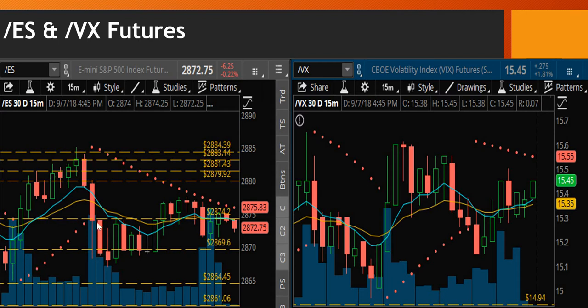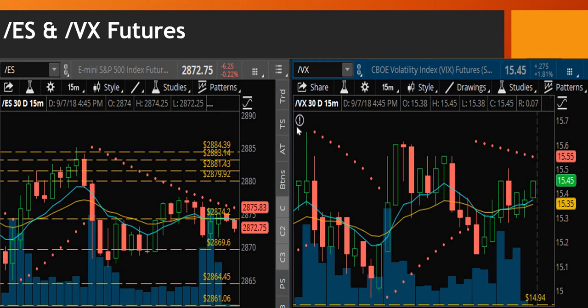Your job is to quickly identify where the market is probably going to head in the next 5 minutes, 4 minutes, next hour. You want to have a sense of whether we're bullish or bearish, whether we are moving sideways or consolidating. And we use the VX and the ES futures to help us determine that.